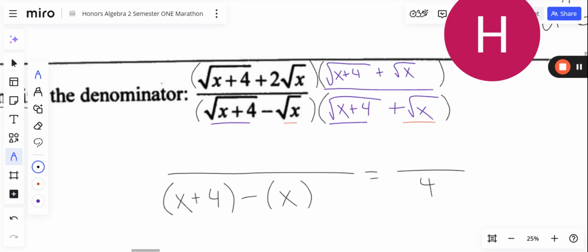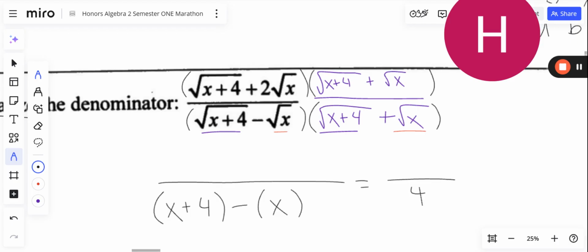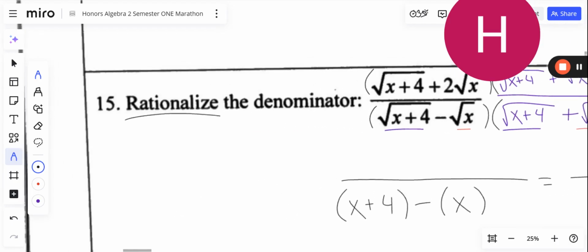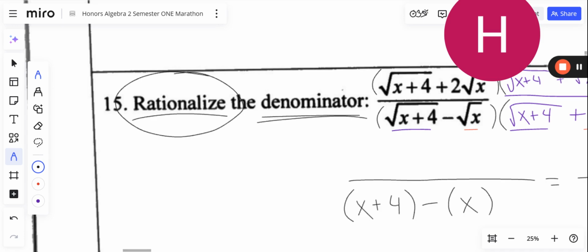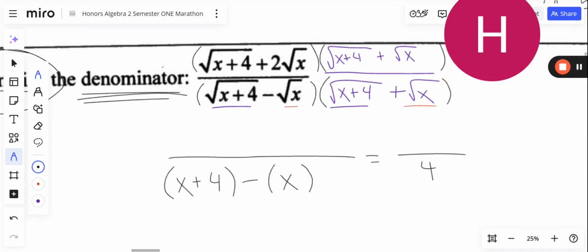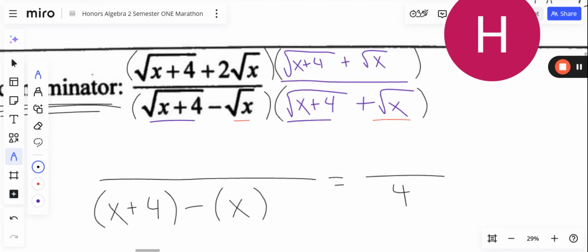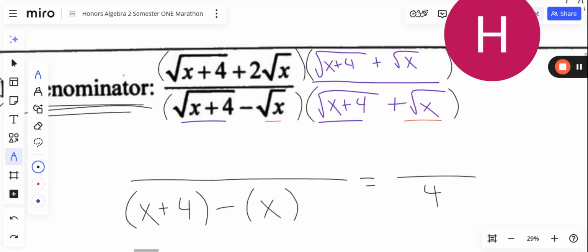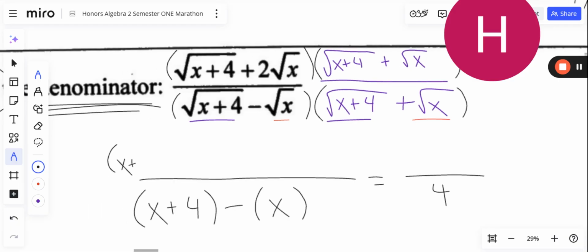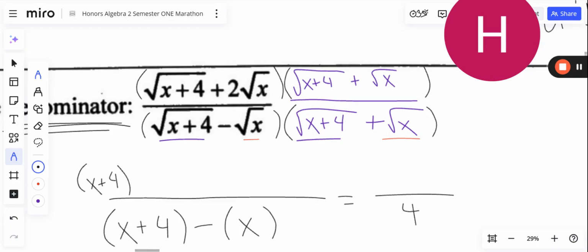In the numerator, it's not so perfect. For some reason, we don't mind having radicals in the numerator. We just want to get them out of the denominator. Why is that? Good question. Not really sure. So we have an a times a. That is still a squared, so that is still going to be x plus 4. And then we have the outer, and then we have the inner.